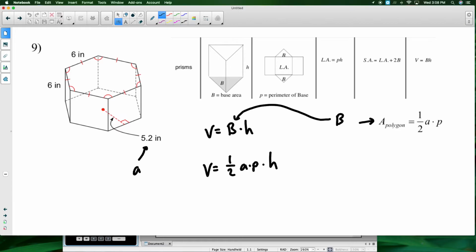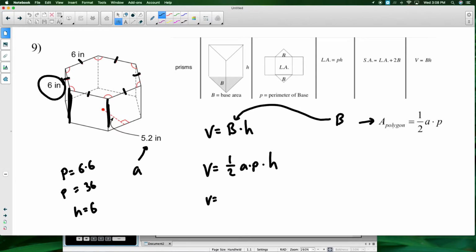5.2 is the apothem. The perimeter is 6 plus 6 plus 6 plus 6 plus 6 plus 6. So the perimeter is 6 times 6, which is 36. And then the height of this object is going to be 6 units, or 6 inches.